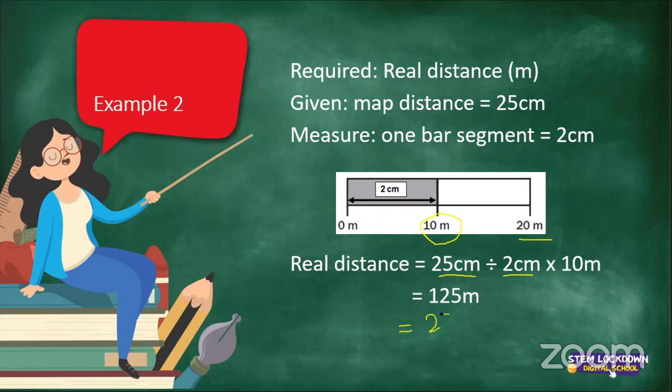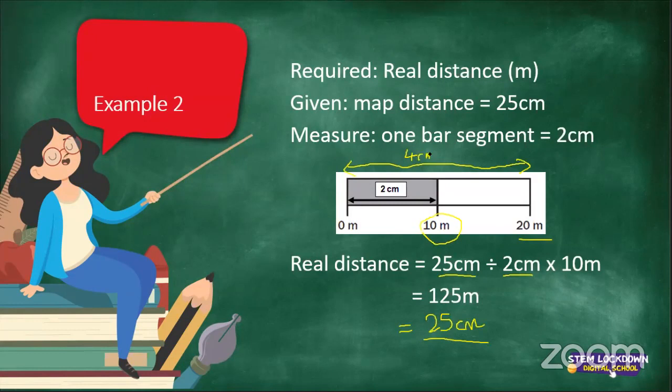25 centimeters, which is your map distance, divided by, obviously, if this is from 0 to 10, if it's 2 centimeters, from 0 to 20, it will be 4 centimeters.